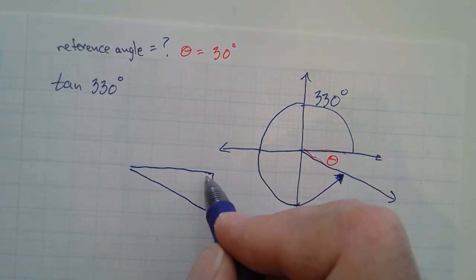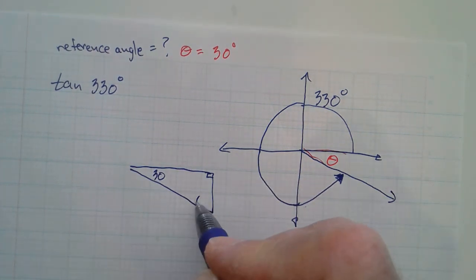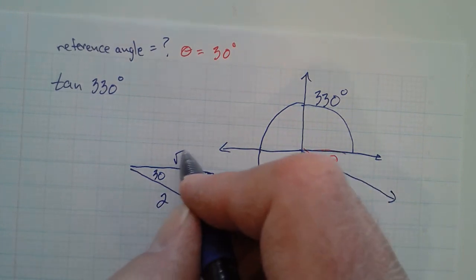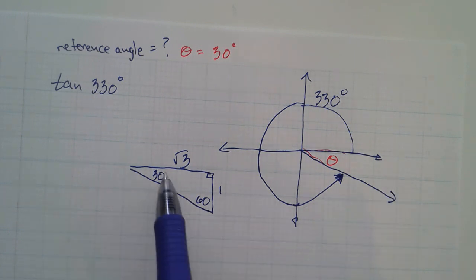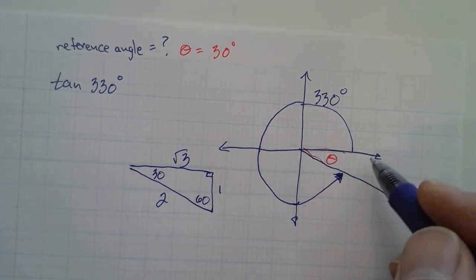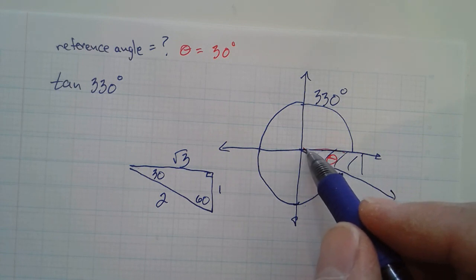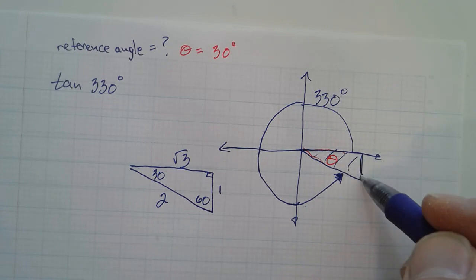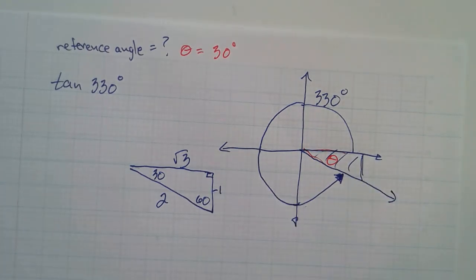We know that this is 30. That means this is 60. This is 1, 2, square root of 3. From here, we went right, so that's positive square root of 3. And then down, that's negative 1. And remember, the hypotenuse is always positive.